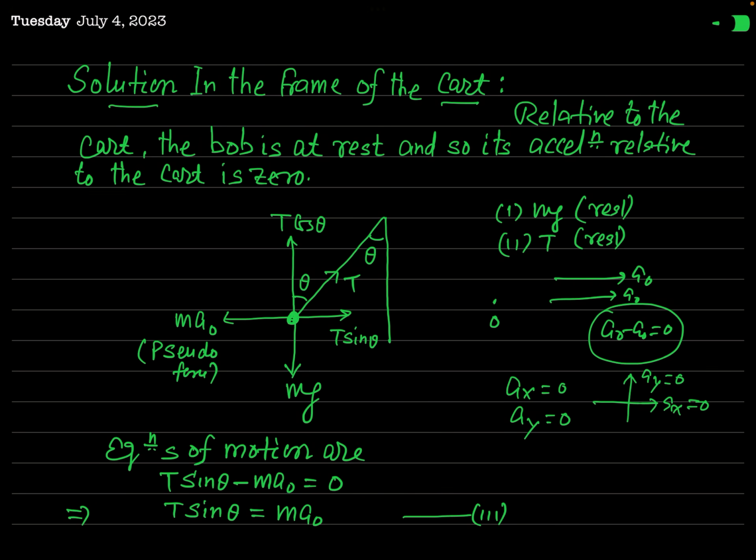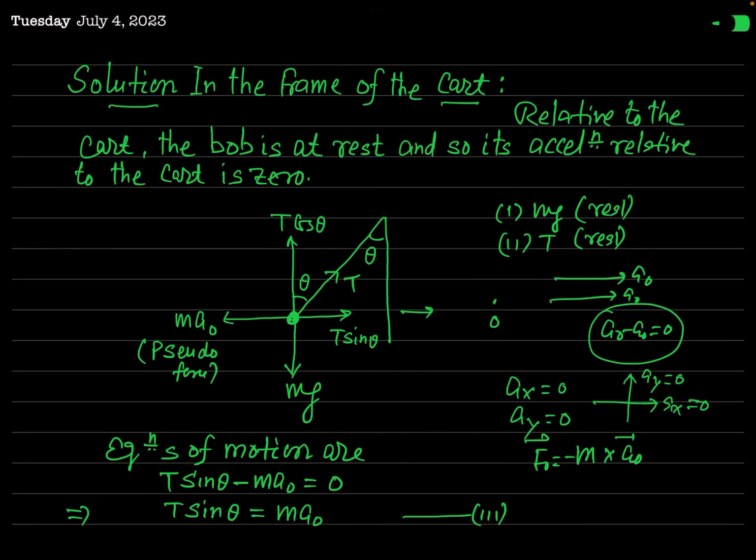You have just learnt that for the value of pseudo force, we consider the mass of the particle and the acceleration of the frame, which here is a naught, and then we put a minus sign. It means this force must be applied in just the opposite direction of the acceleration of the frame.